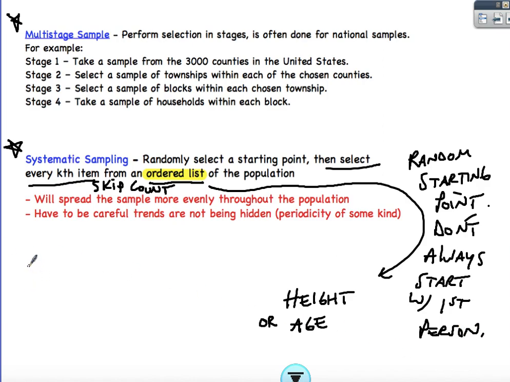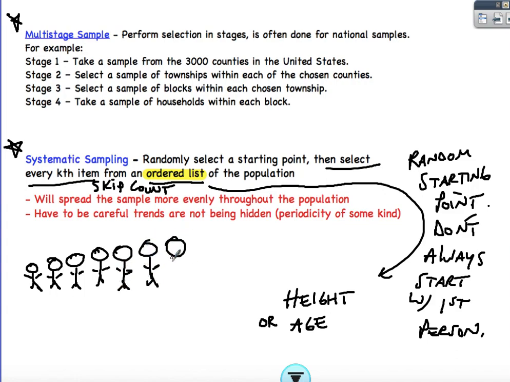So when we did this in class, I think you guys ordered yourselves by height, if I remember right. I can't remember how many I selected, but let's say that I wanted to select 5 people.